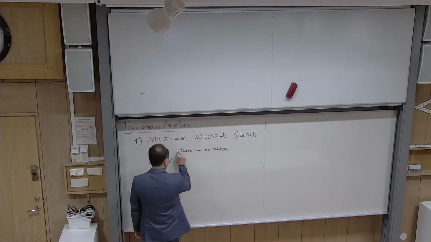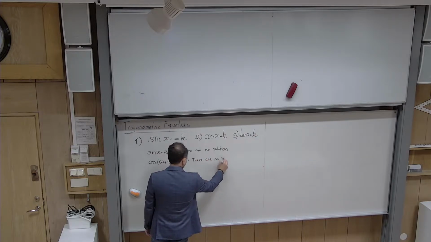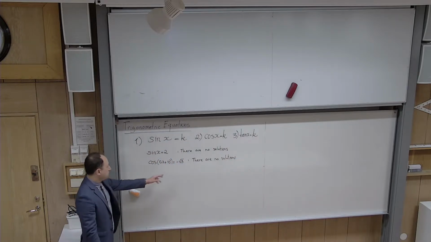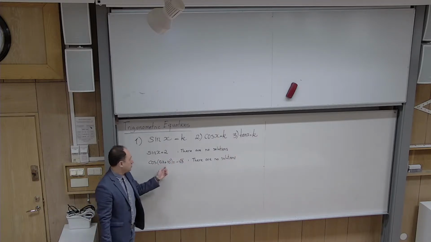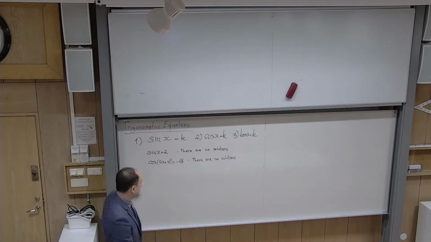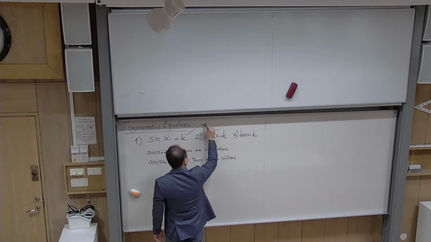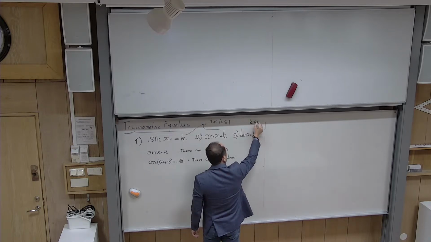The answer is there are no solutions. Agree? Because minus square root of 3 is below minus 1. Cosine and sine are maximally 1, minimally minus 1. They cannot exceed these values. So for these 2 cases, k should be somewhere between minus 1 and 1. But for this one, I do not have any limitation. So this k can be anywhere from minus infinity to positive infinity.